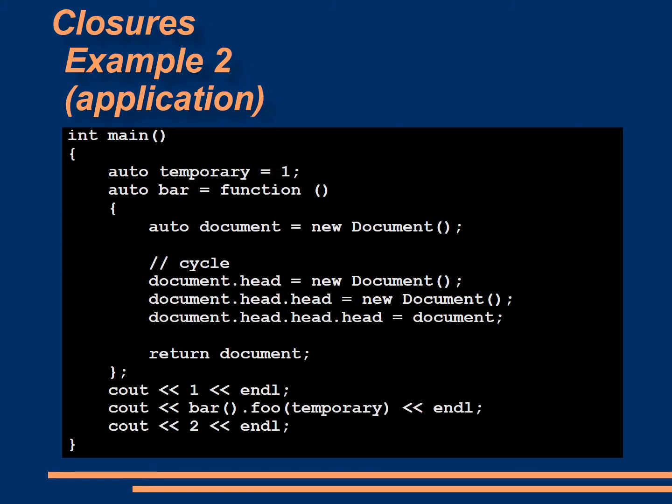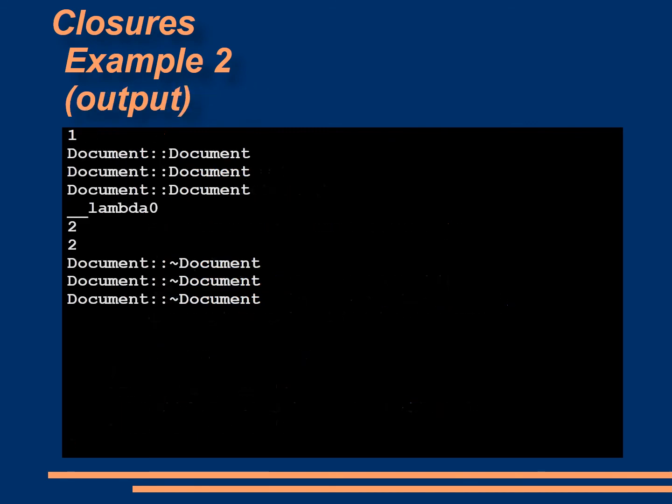So if we have the same example as we used before, then by calling the foo function once, it is going to increment the temporary variable once, and therefore we should have the number 2 being printed out. And this is exactly what we have.